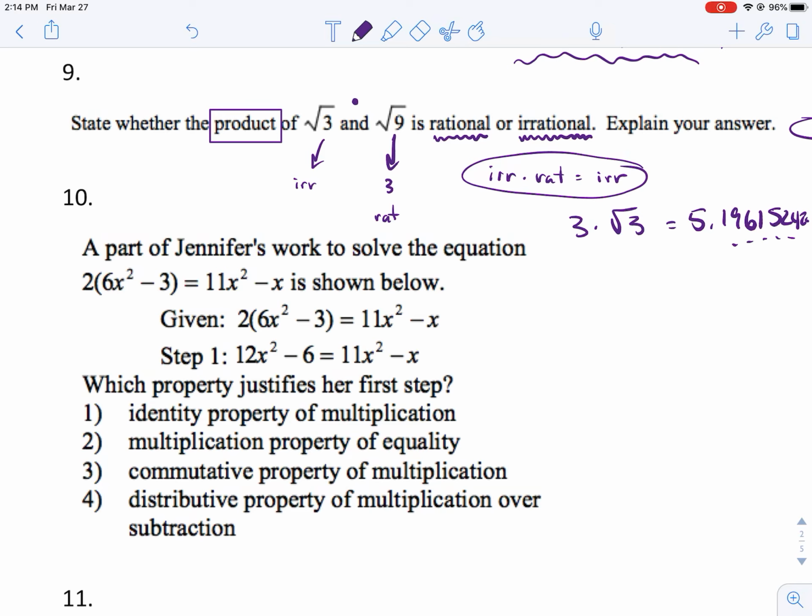If you want to figure out whether or not this is a rational number, if you math frac it and it goes back into a fraction, you know you're good to go. In this case, 5.196152423 stays the same. Also, we see no pattern, nothing's being repeated, and this number should go on forever. So therefore, the product of square root 3 and square root 9 is irrational.